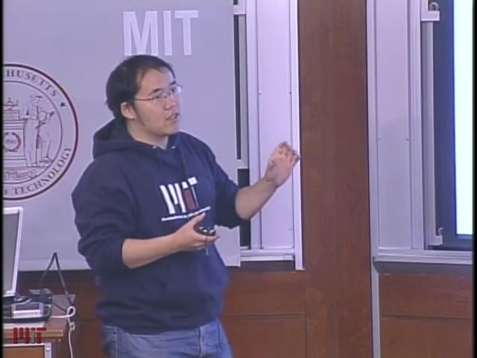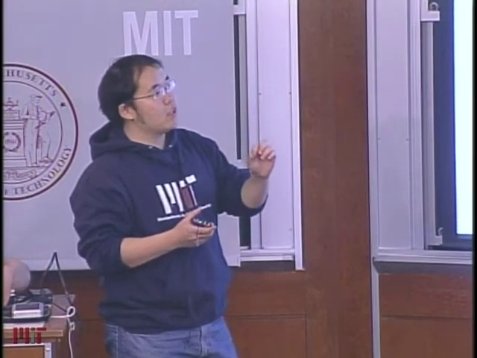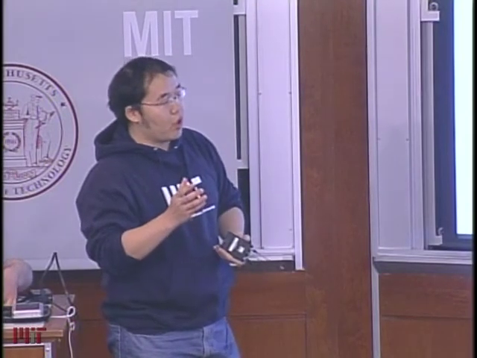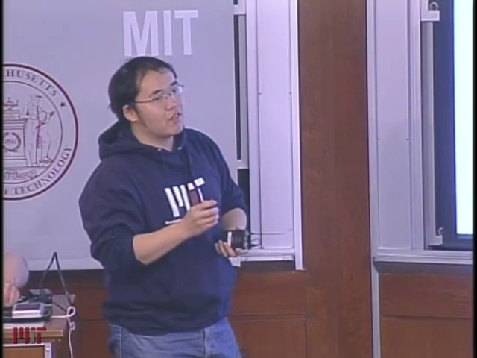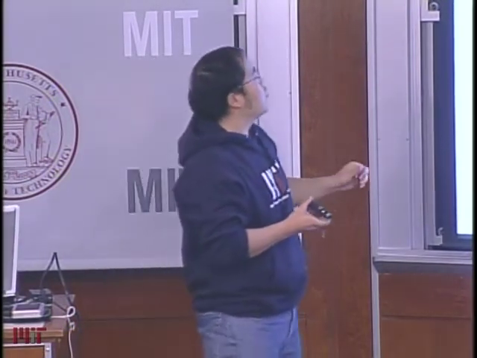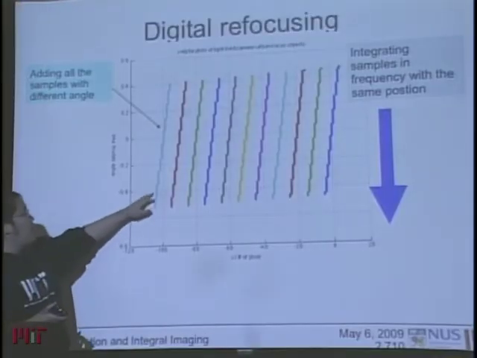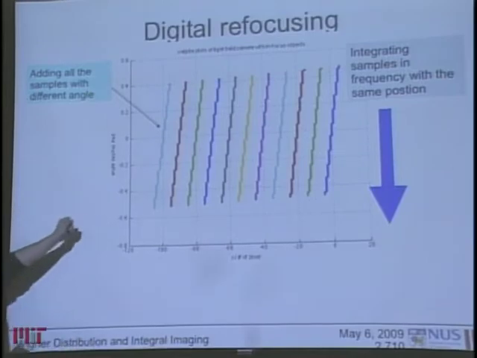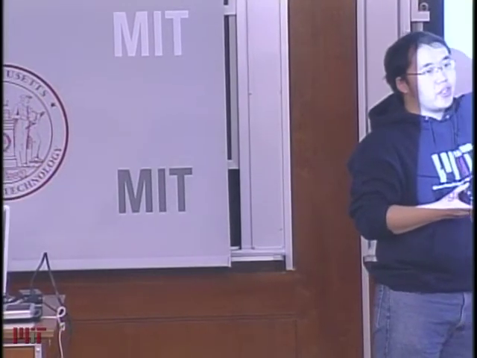What the lens does is integrate all the rays going to a point, and the corresponding pixel picks up all the rays from this point and adds them together. Same idea here: given this point, because we have all these samples, we add them together, then we recover this point.